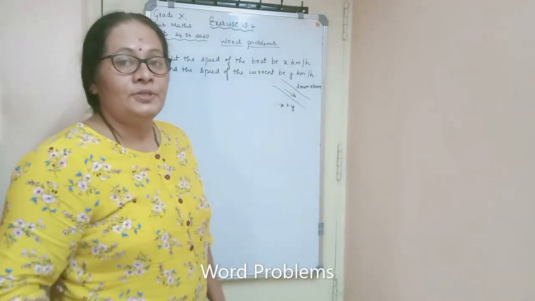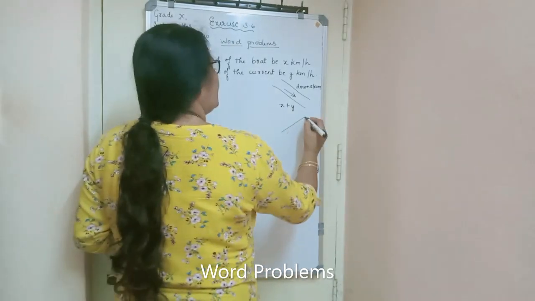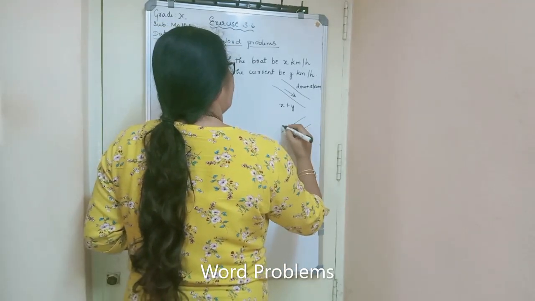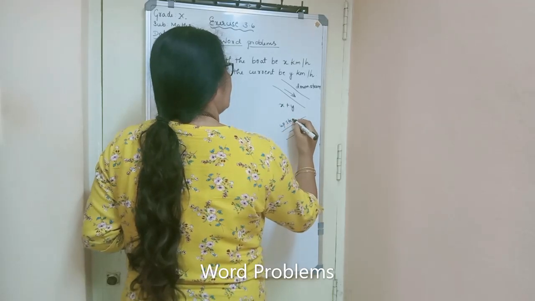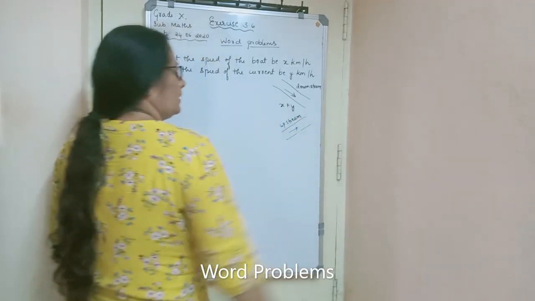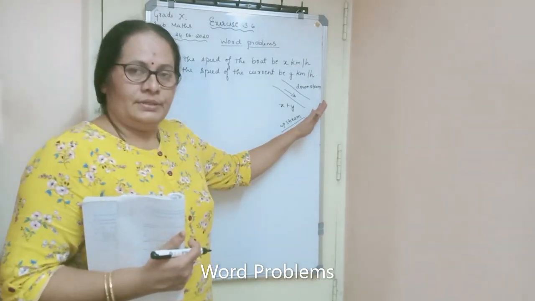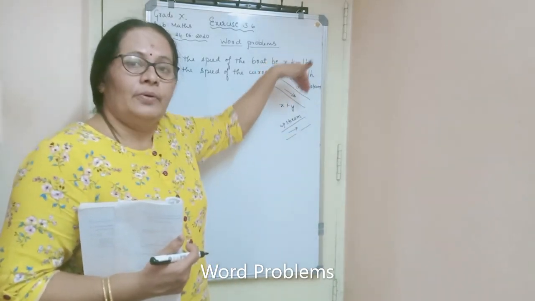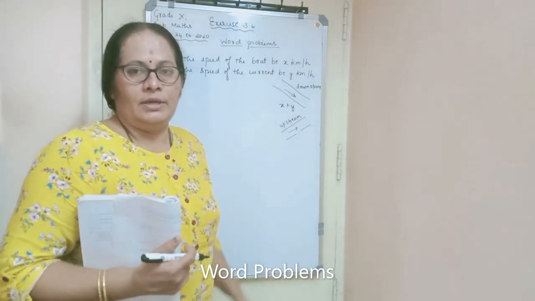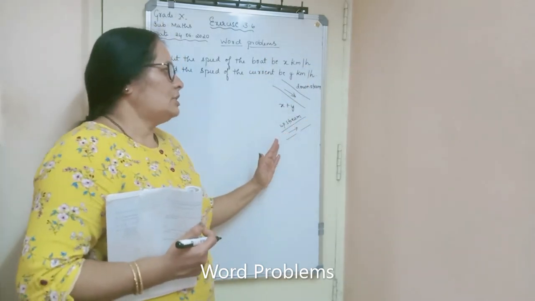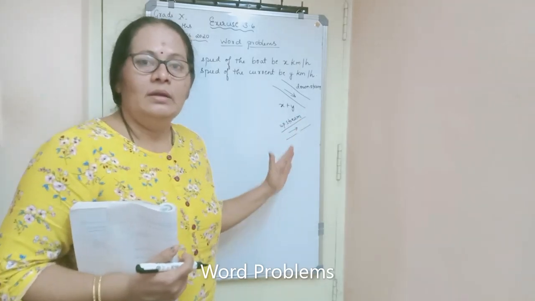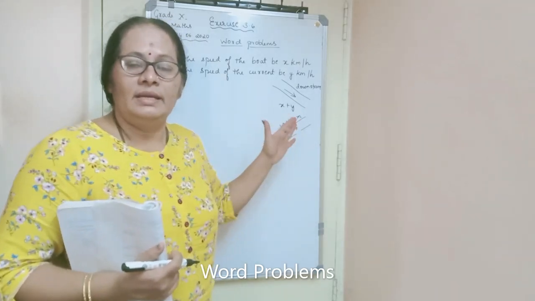But for upstream, the boat is moving in one direction and the water is flowing in the opposite direction. So the speed of the current is negative.